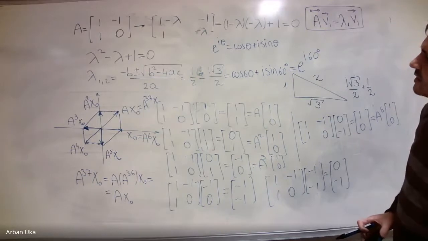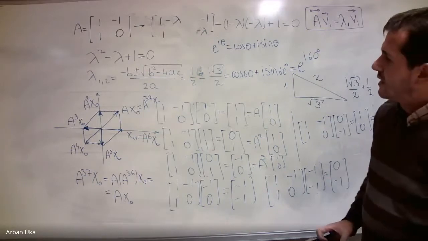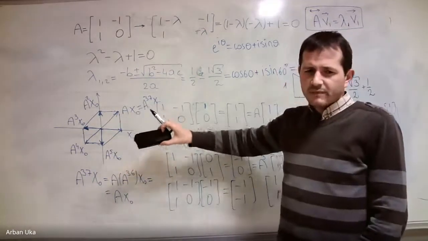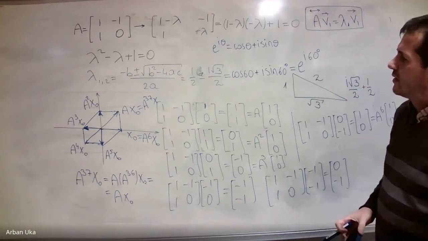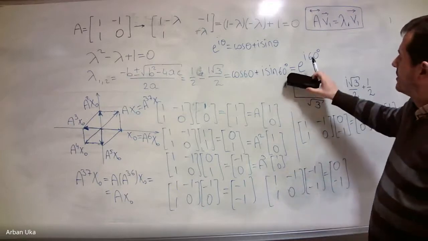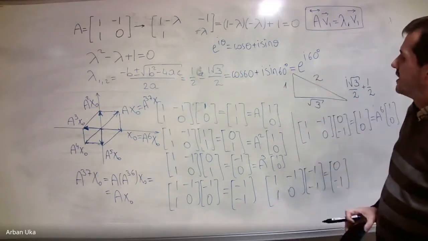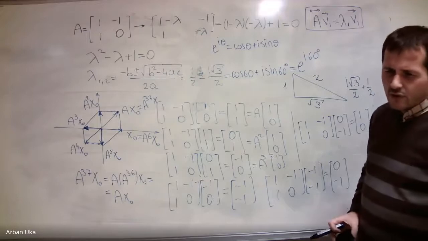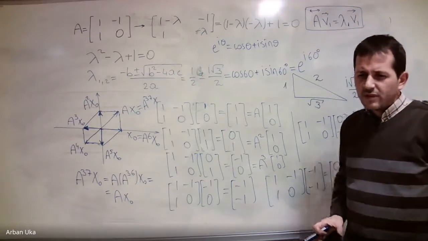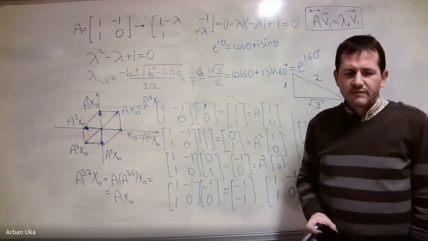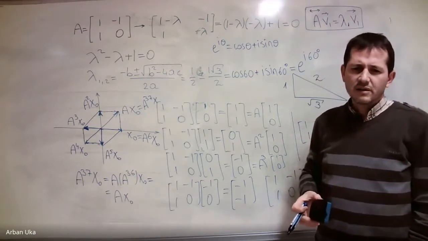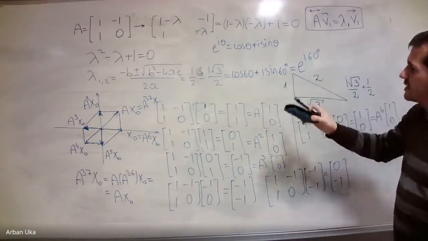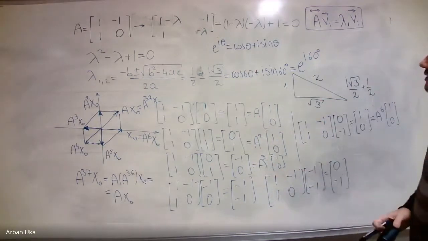What is interesting here is that whatever a matrix does to a vector can also be done by the eigenvalue. So whatever a matrix does to a vector is equivalent to multiplying that vector by the eigenvalue. And probably this kind of proves itself why this is possible.